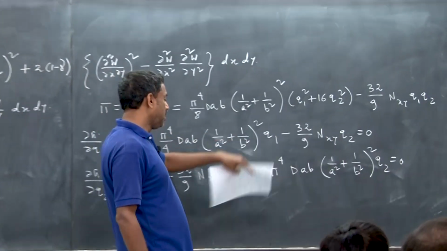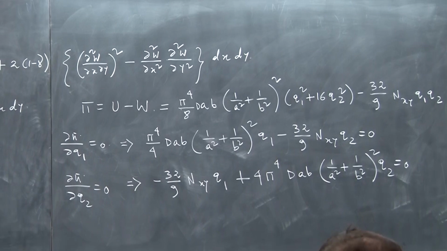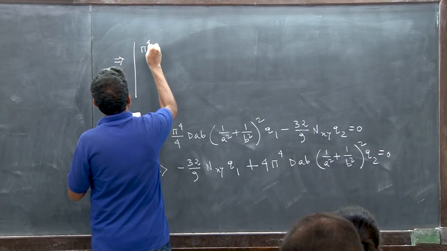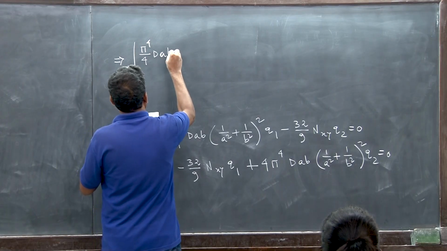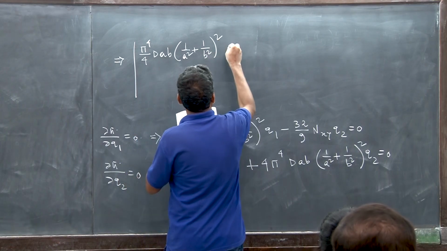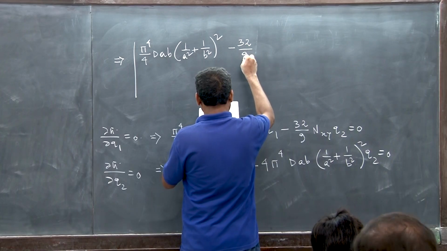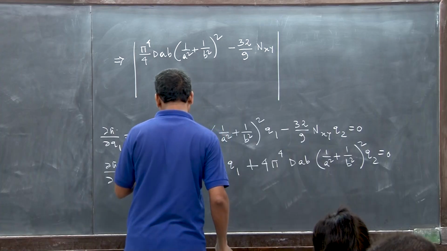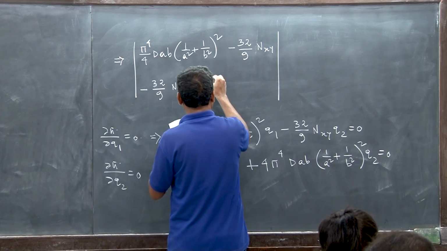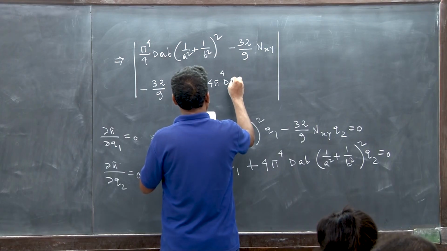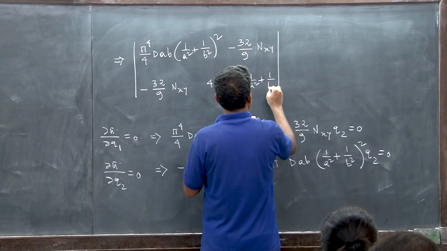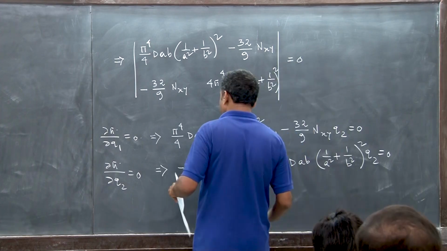You see there is q1, q2, so make the determinant zero. For this eigenvalue problem, the determinant must be zero.